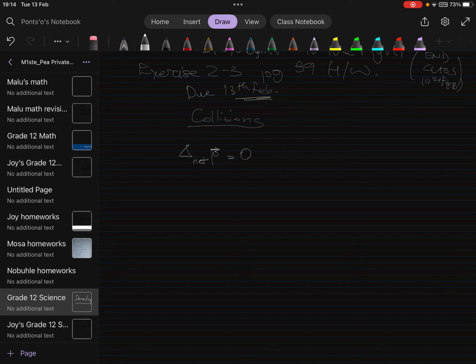The final momentum is the final momentum of the cue ball and the final momentum of the black ball summed up. In other words, momentum conservation implies that no matter what happens inside an isolated system, the total momentum before a collision is the same as the total momentum after a collision.